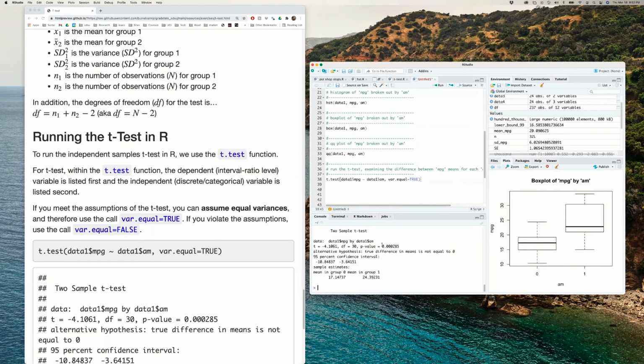Here we got lucky and we see an actual value listed, 0.000285. We know that 0.000285 is less than 0.05. So now we can work our way backwards, right? We use the logic: if t calculated is greater than t critical, it's crossed the finish line, it's in the rejection region, we reject the null hypothesis, p is less than 0.05, statistically significant difference.